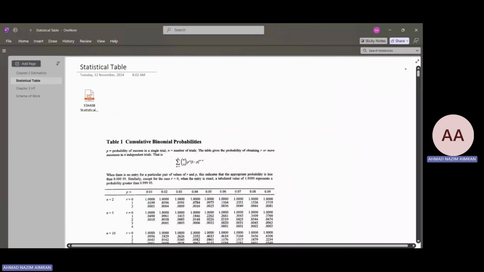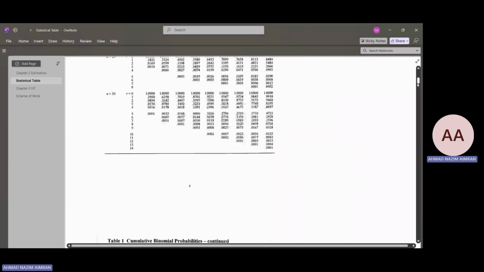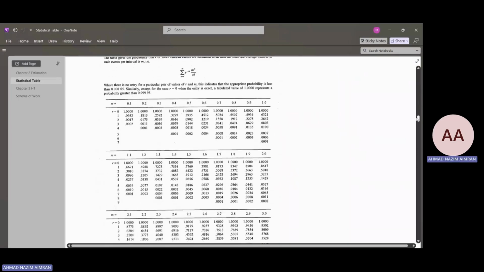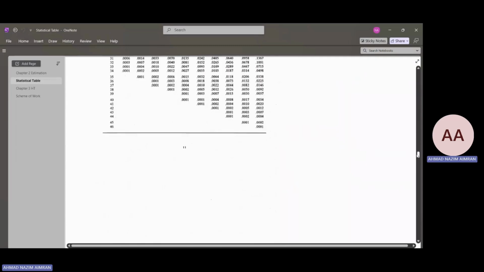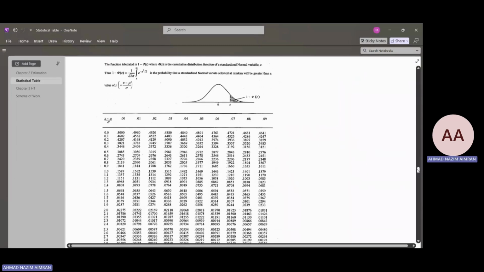statistical table, you need to refer to the statistical table again. Find the Z probabilities table, Z distribution table. This is the Z distribution table.